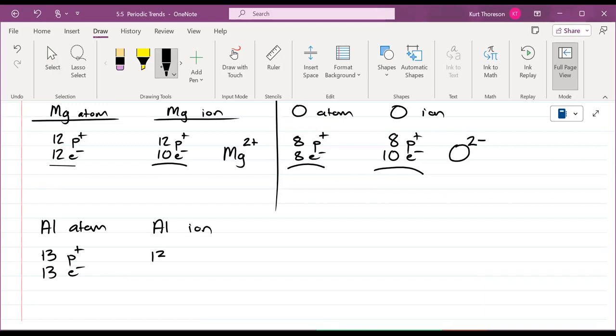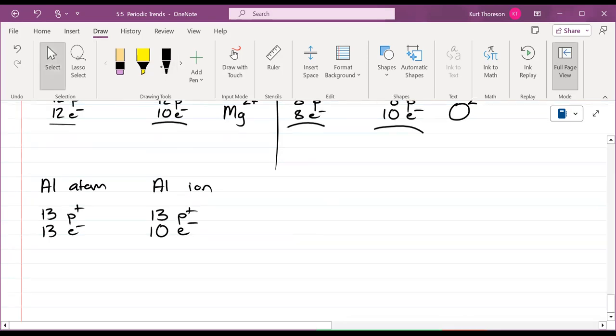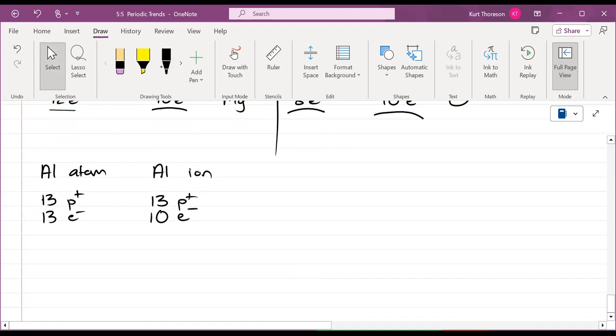That doesn't change. Good. Here's the electron number, guys. 10. So, Chris, what would you say the charge is of this aluminum ion? Yeah. Is that a cation or an anion? Because they're positive, right?